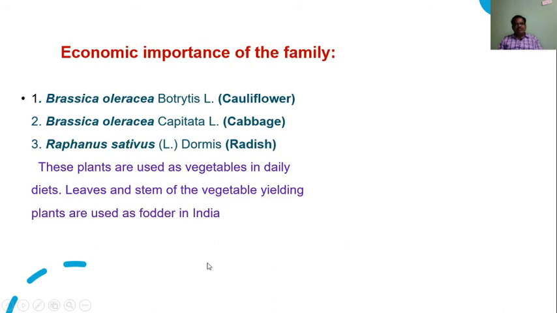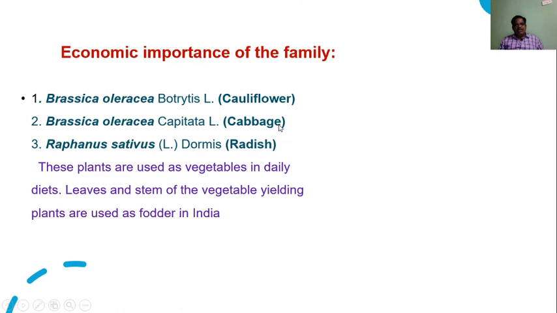Then the last point, the economic importance of the family. Which are the plants other than Brassica juncea, and what are their uses? The first plant is Brassica oleracea, variety botrytis, known as cauliflower. Then Brassica oleracea variety capitata is known as cabbage, and Raphanus sativus is known as radish.